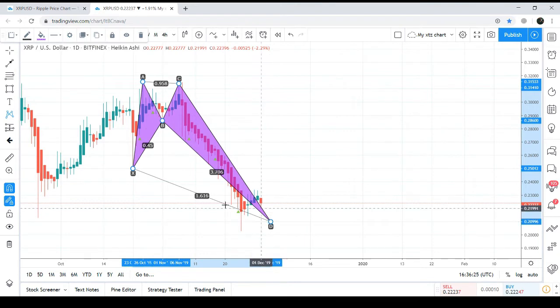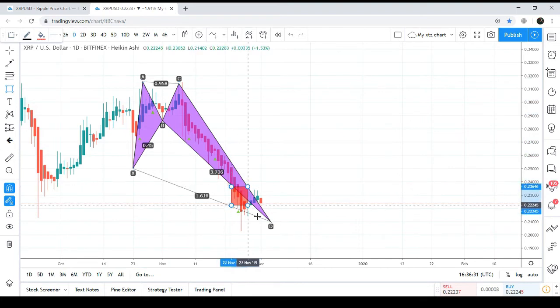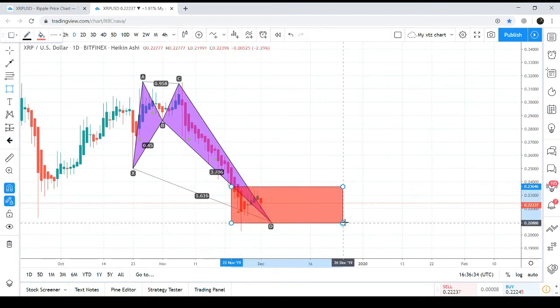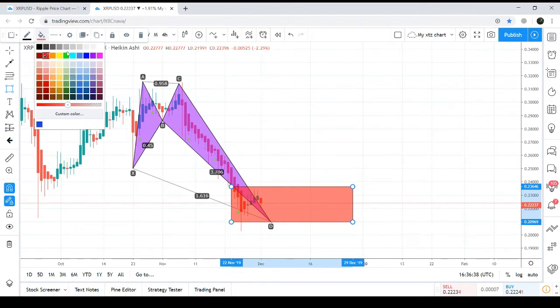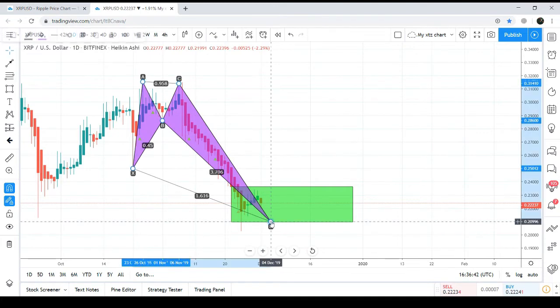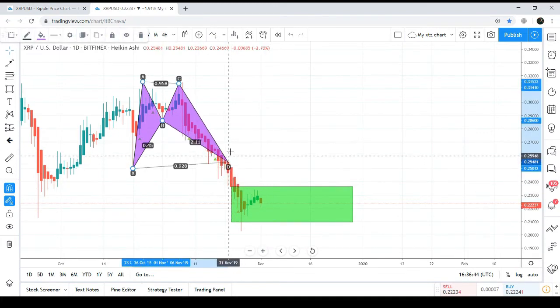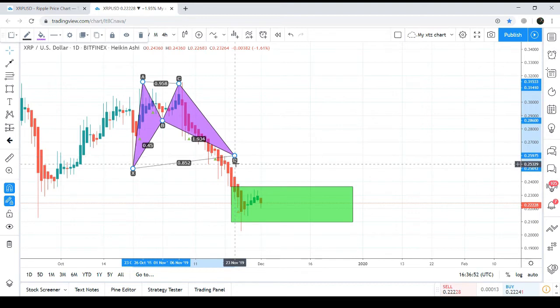And here our leg is completed, and this is our potential reversal zone, from 1.27 up to 1.618 Fibonacci. If this leg were retraced only up to 0.886 Fibonacci, almost up to here, it would be the bullish bat pattern in that situation.